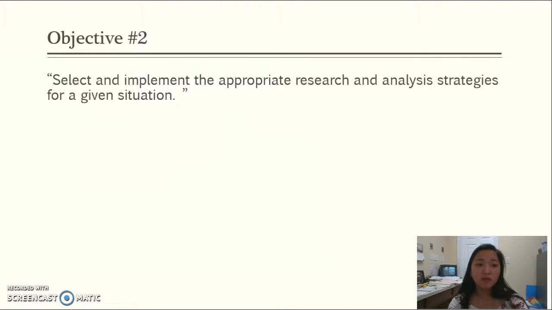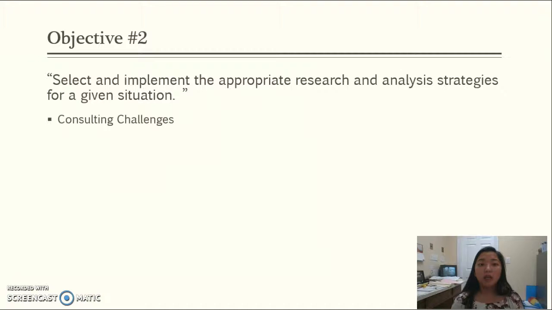The second objective was to select and implement the appropriate research and analysis strategies for a given situation. The consulting challenges were great practice to select and implement the strategies. I know in one of the consulting challenges we actually had to decide for ourselves which was the most appropriate analysis and then complete the assignment that way.